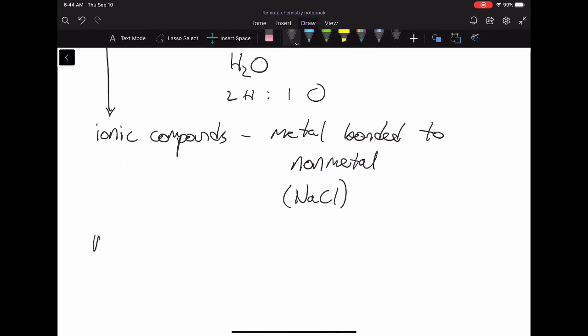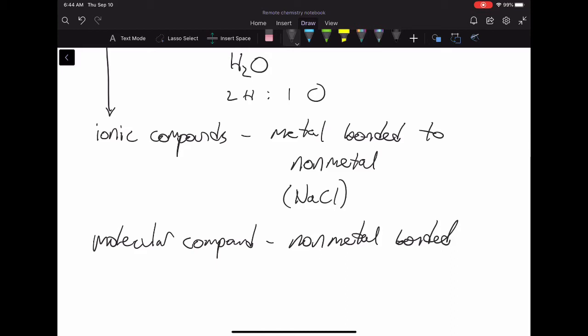The other type of compound would be a molecular compound. And so this is when you have a nonmetal bonded to another nonmetal.